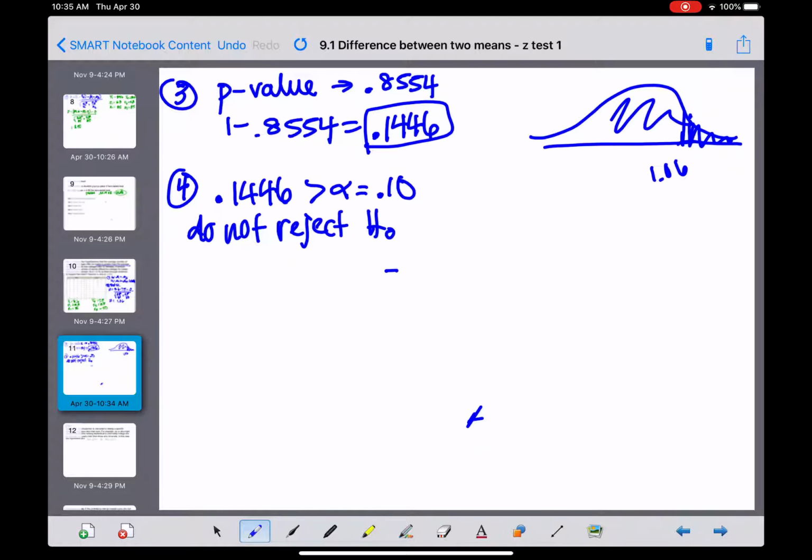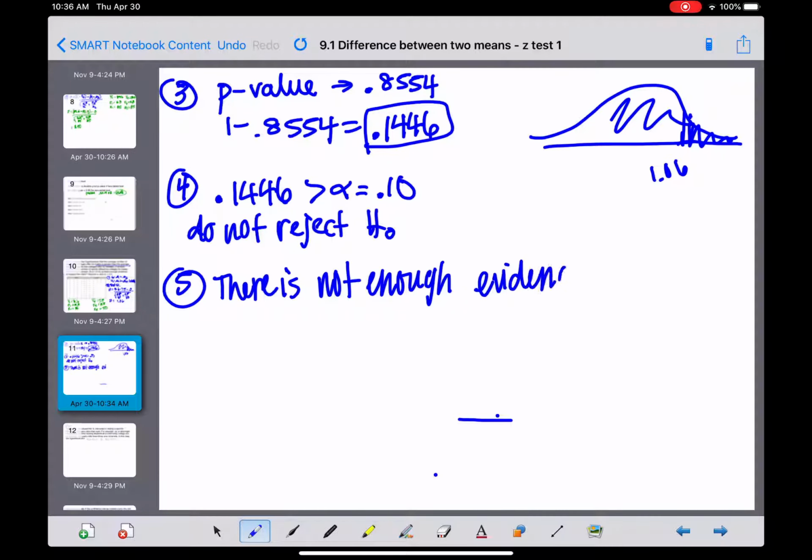If it comes from that, it's probable that it happened just by chance and that it's not actually a statistically significant difference. So we do not reject H naught because it's greater than alpha. And then step 5, our claim was the alternative hypothesis. There is not enough evidence to support the claim.